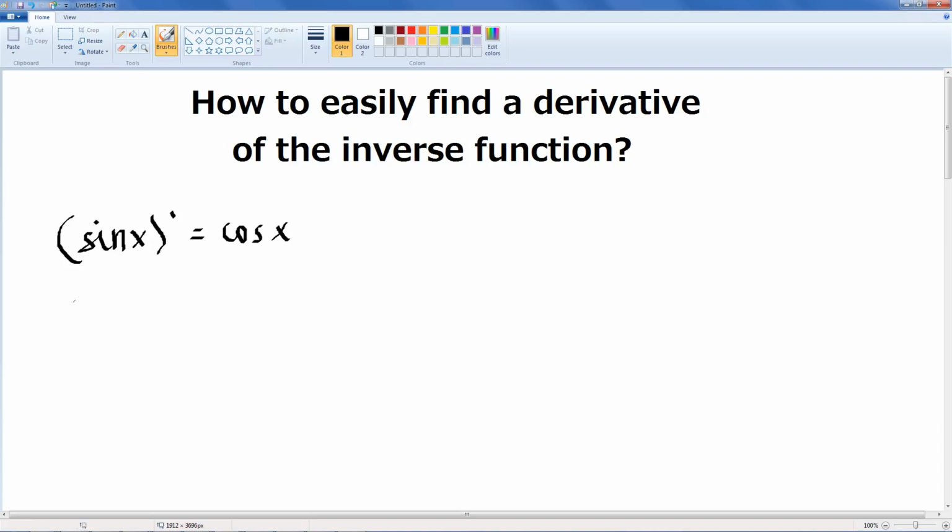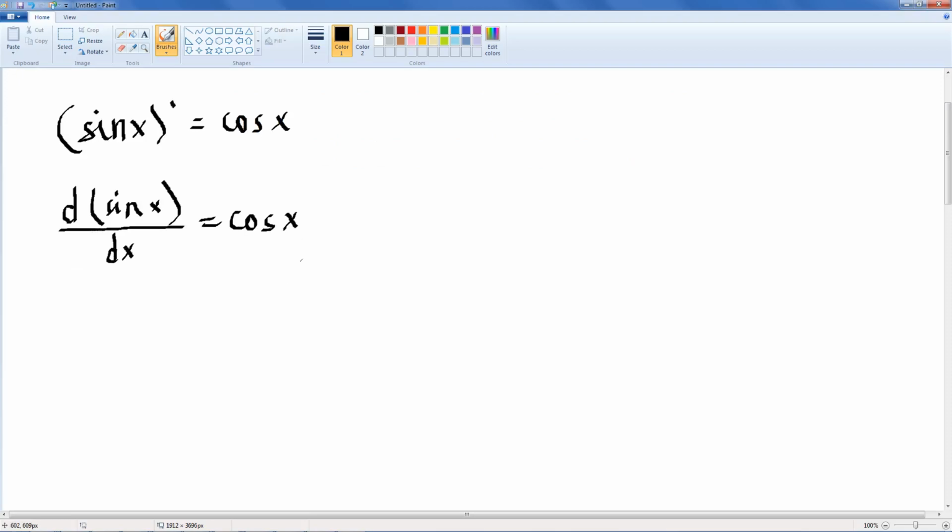Okay, so another way to write this is d of sine x over dx is equal to cosine x, right? So this is just another way to denote the derivative. And now we're just gonna do a substitution for our variables.